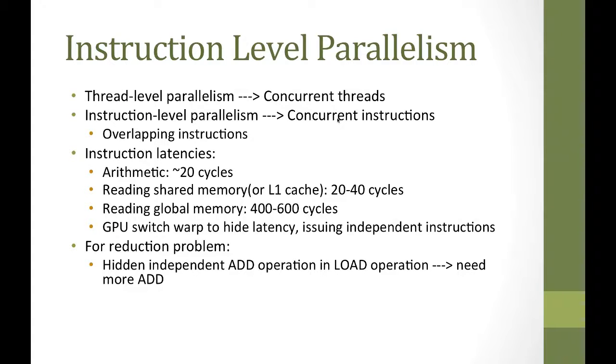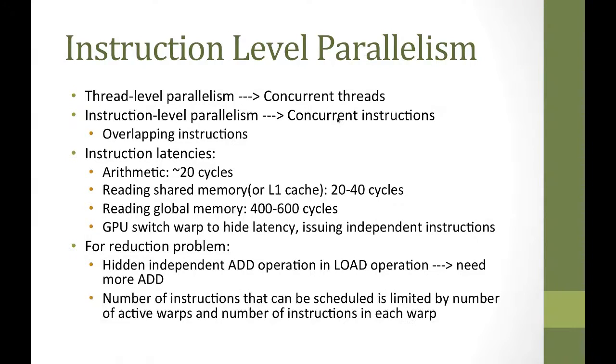But due to the nature of our program, we cannot have more operations. But what we can do is, we don't have to put in more operations to increase the instructions. We just want more instructions that can be issued or scheduled on the stream multiprocessor.